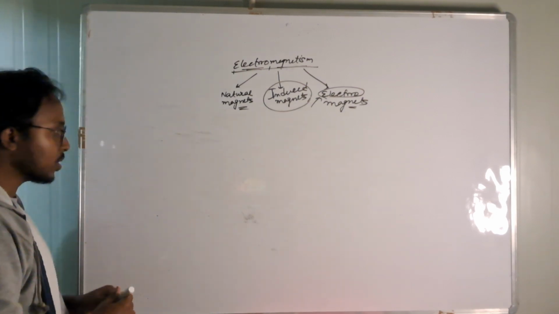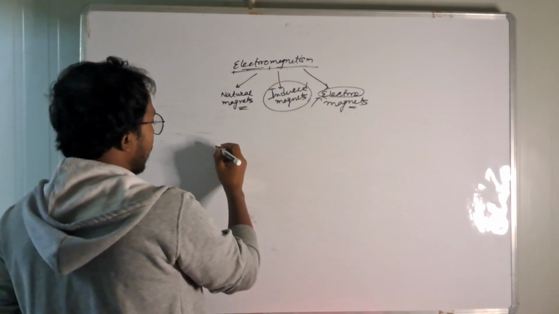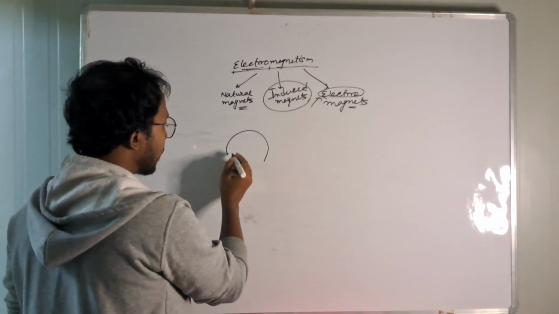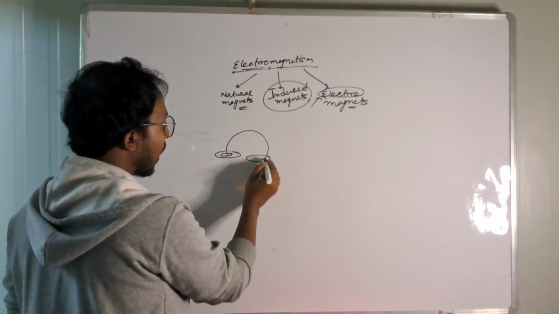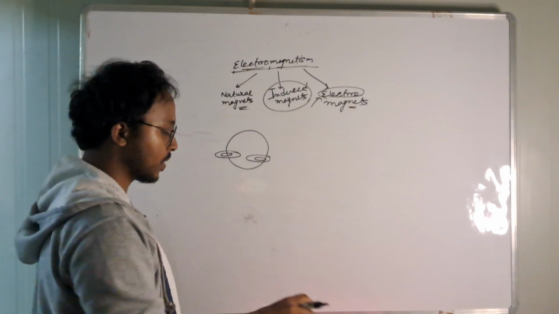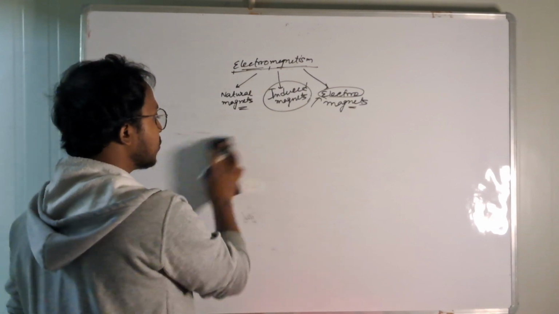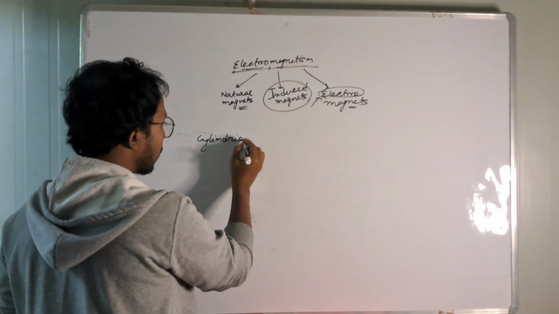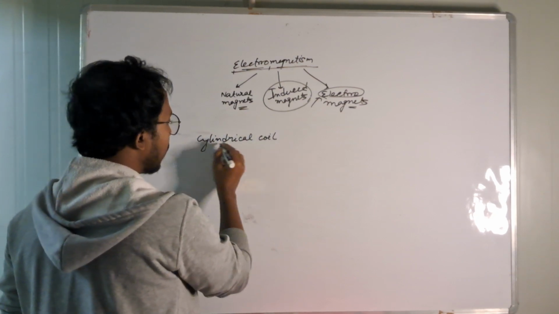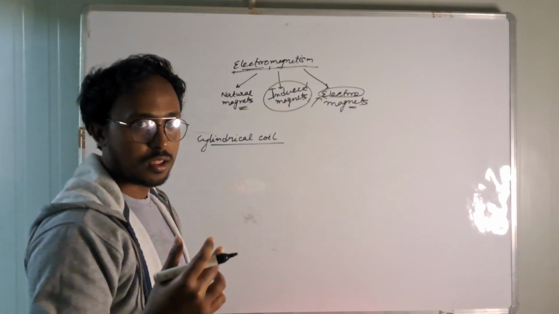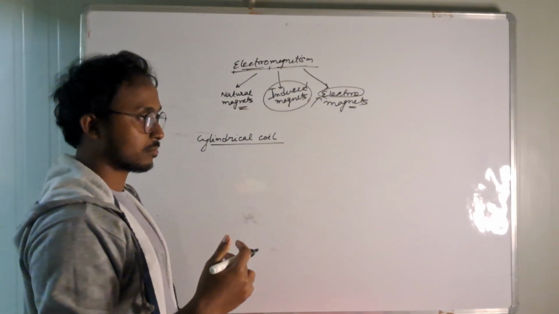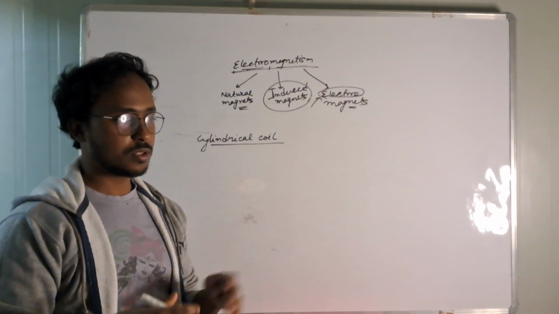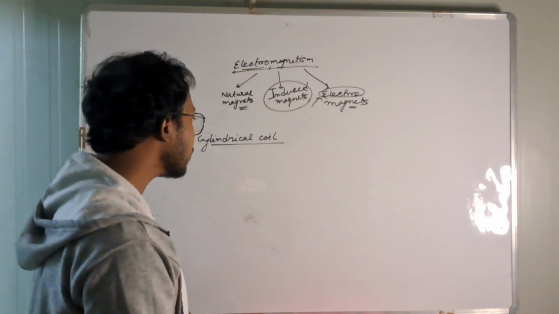Coming to the main channel, we are discussing that if there is a loop, it will create a magnetic field around it in the perpendicular plane. Now if I create a cylindrical coil, it will act as an electromagnet, because there will be a north side and a south side.